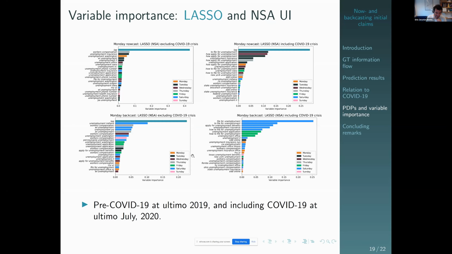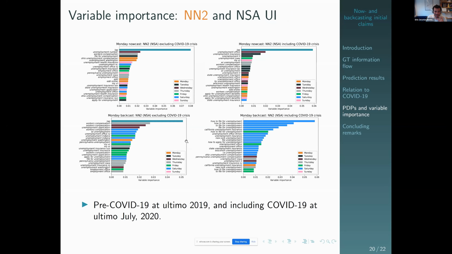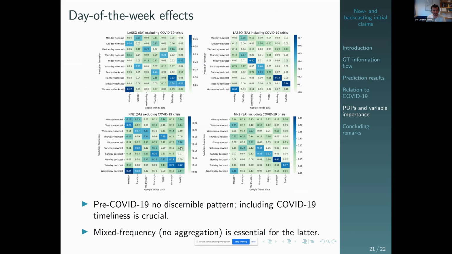It's an incredibly persistent variable. You sort of get the same picture when you think about non-seasonally adjusted models and neural nets, but these neural net models are obviously much less sparse. They assign a lower weight relatively to many more variables, but the overall picture is the same. The AR term completely disappears during the crisis, and it stops being important.